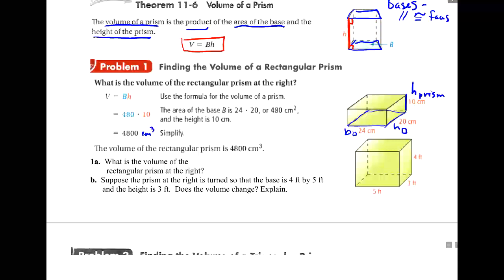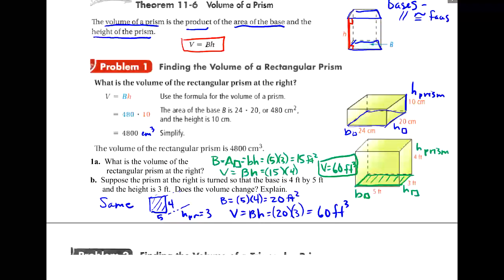Okay, why don't you pause the video and try the next example. Okay, we were asked to find the volume of the rectangular prism at the right, so I identified my base, and I want to find the area of my base. If I'm talking strictly about my base here, I've shaded it in green.